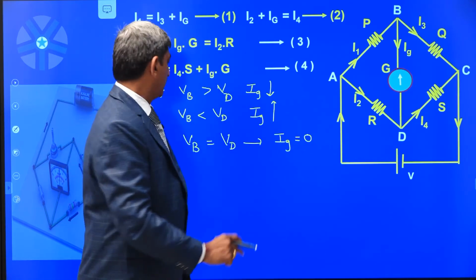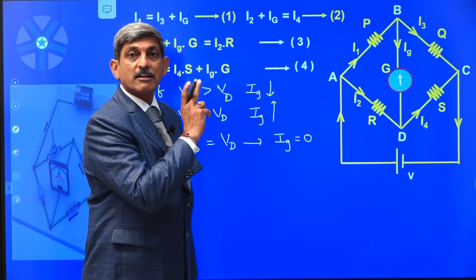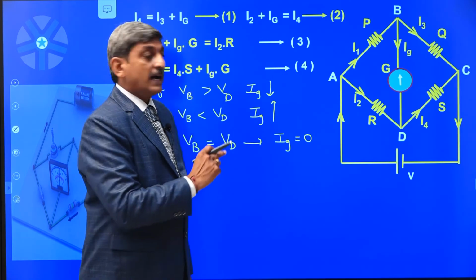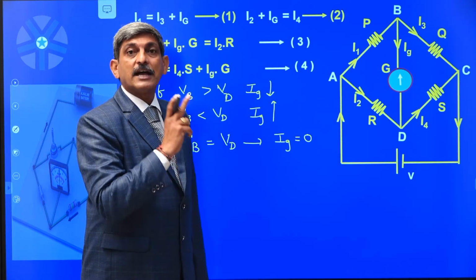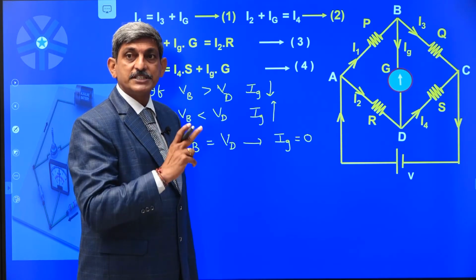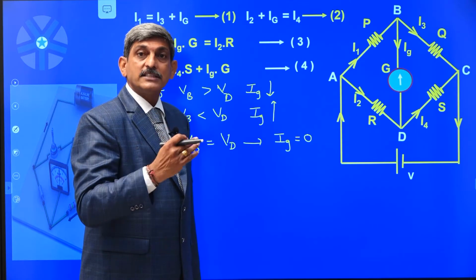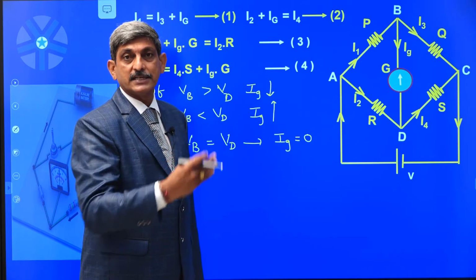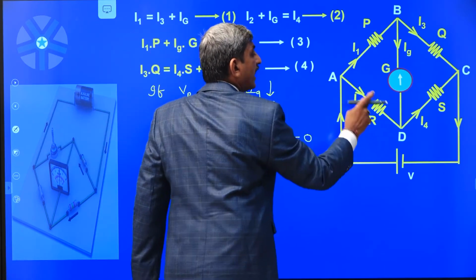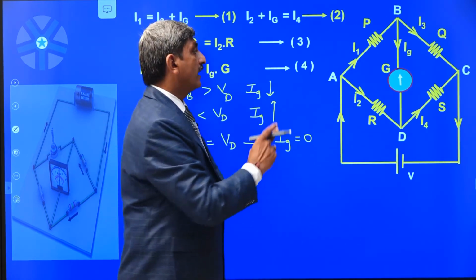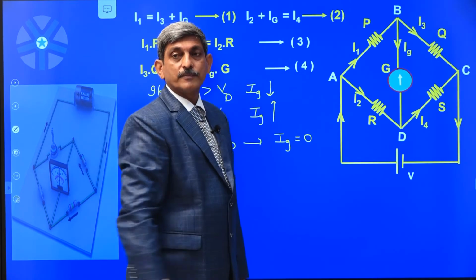It means if VB and VD are equal, then the current passing through the galvanometer is equal to 0. Under these conditions, we can say that the Wheatstone bridge is balanced. Whenever we say that the Wheatstone bridge is balanced, it means that point B and point D are at the same potential and the current passing through the galvanometer is equal to 0.